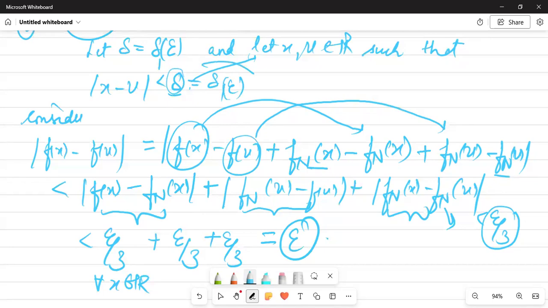And since Fn is uniformly continuous and this delta 1 is the one which was working for any points, this is the reason this delta doesn't depend on the points, because this delta is the same as delta 1. And delta 1 was not depending on our points because |Fn(x) minus Fn(u)| is less than epsilon by 3 for any x and u which will be satisfying this.